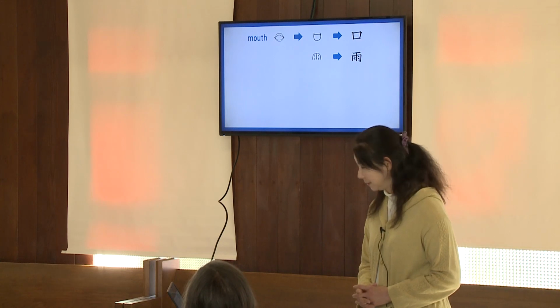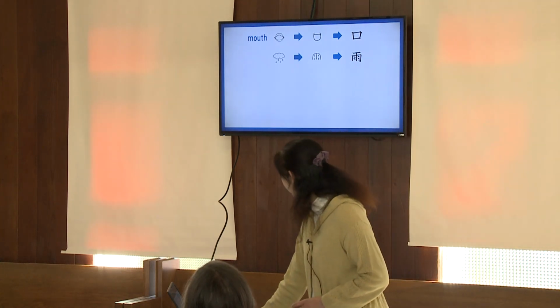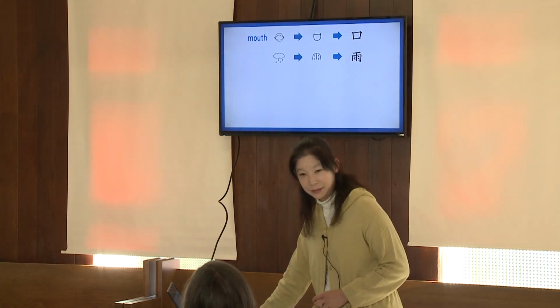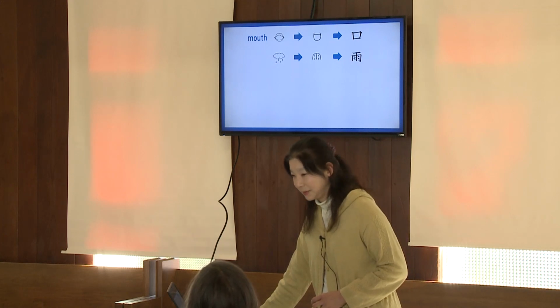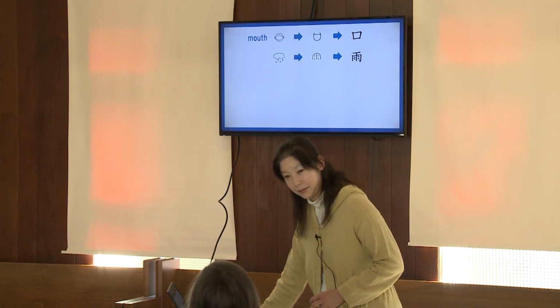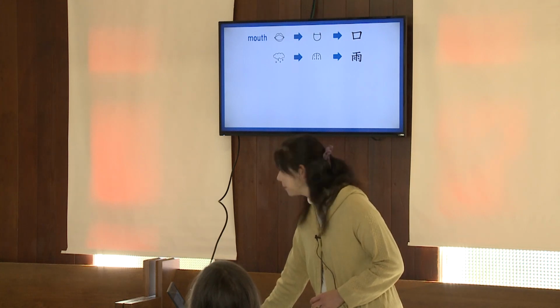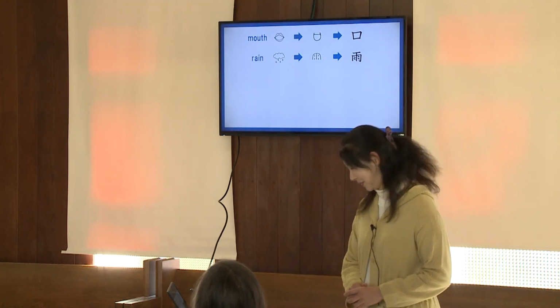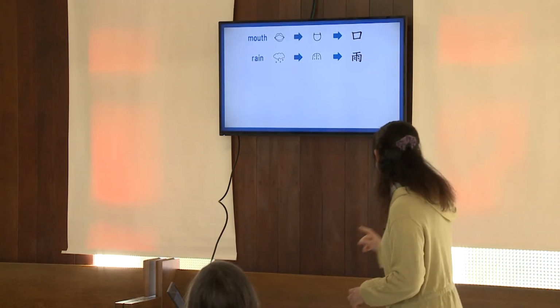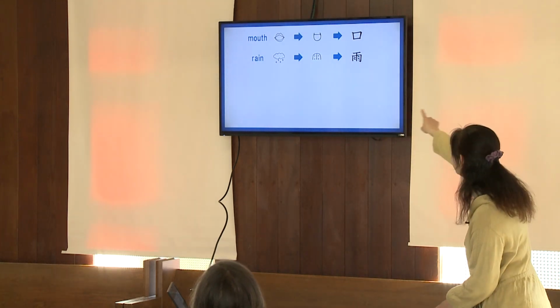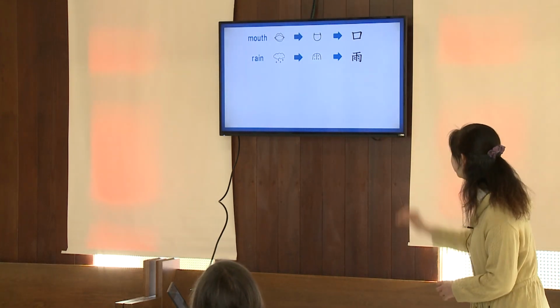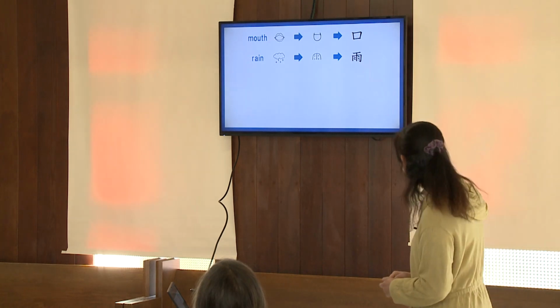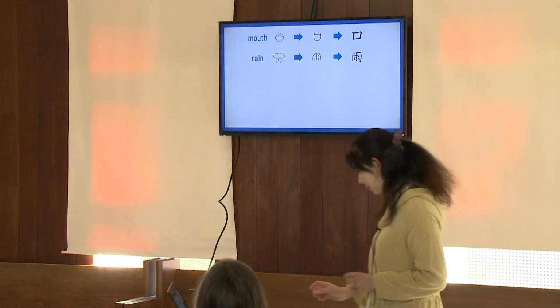Any idea? How about this? Now is that a picture for rain or a picture for cloud? It's rain. But it's interesting that it has one stroke on the top. Must be the roof, or maybe a cloud. We don't know.